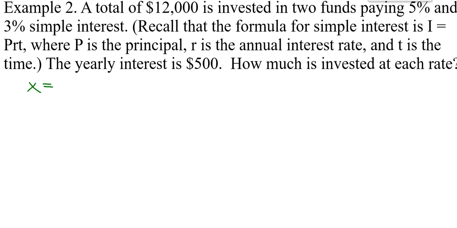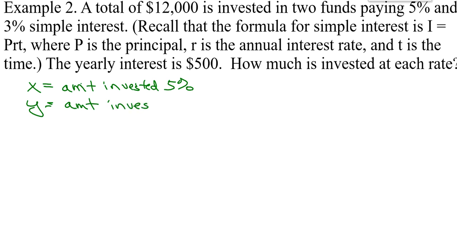So I would let x equal the amount invested at 5%. And then y would be the amount invested at 3%.